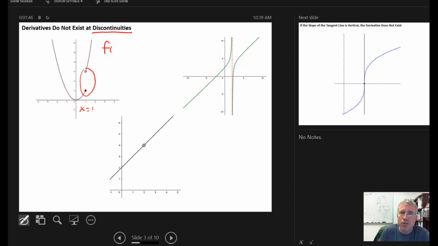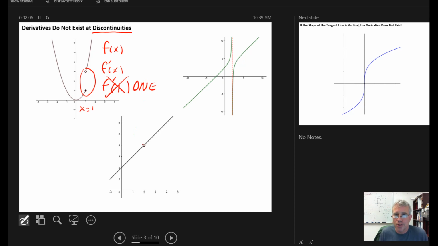So if we call this function f of x, f prime, the derivative of f of x, does exist. But the derivative doesn't exist at 1. f prime of 1 does not exist, even though the derivative is going to exist everywhere else.